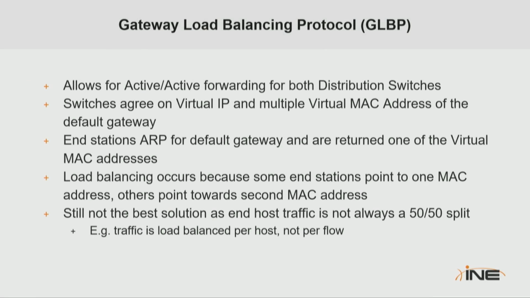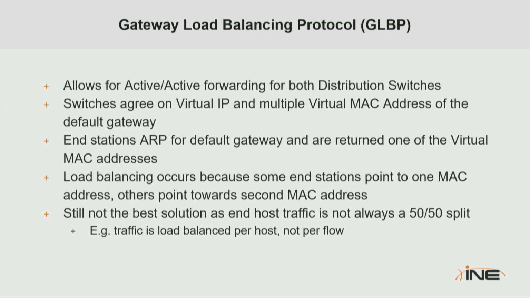A third potential solution is to run the Gateway Load Balancing Protocol, or GLBP, which does allow for active-active forwarding from both distribution switches at the same time. The idea here is that the switches agree on a single virtual IP address, but there are multiple virtual MAC addresses that represent the default gateway. So the end stations ARP for the default gateway, and they're returned one of the virtual MAC addresses representing a distribution switch.